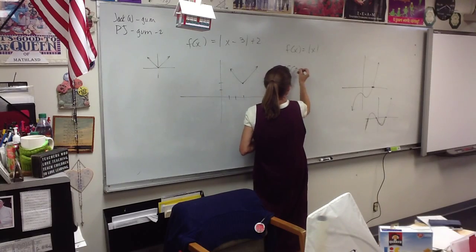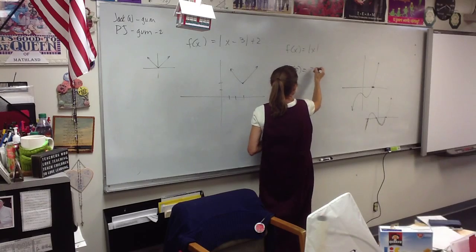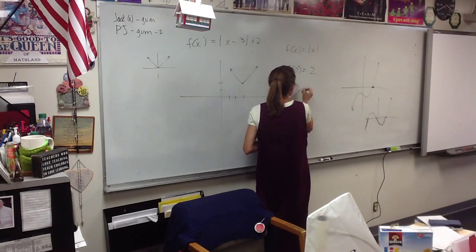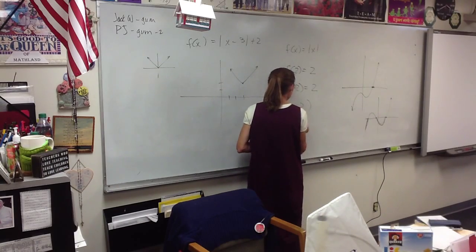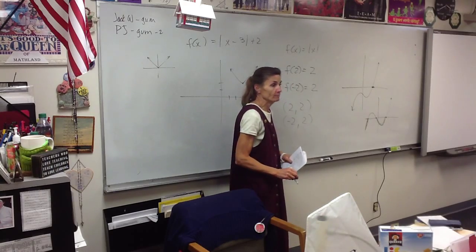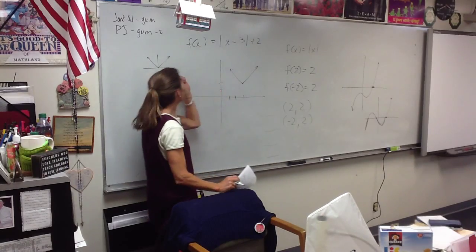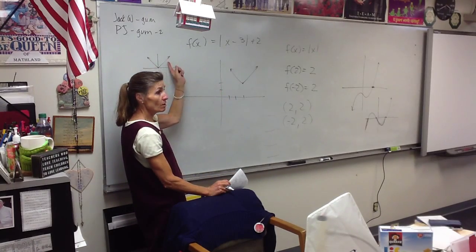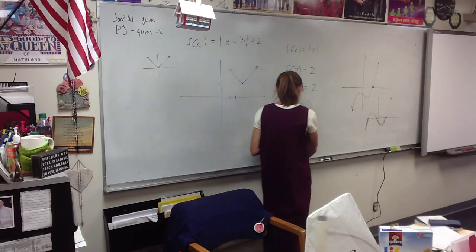We say, okay, if I input a 2, what do I get? A 2. If I input a negative 2, what do I get? 2. When you're even, it means changing the input does not change the output. That's what even means algebraically. Graphically, it means you're symmetric about the y-axis. Either one is fine for an explanation.